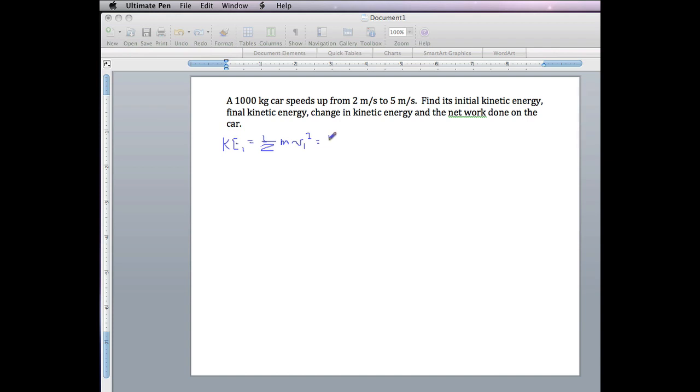Now plugging in the numbers, we have 1/2 times the mass of the car, which is 1,000 kilograms, times the square of the speed of the car, where the speed was 2 meters per second.